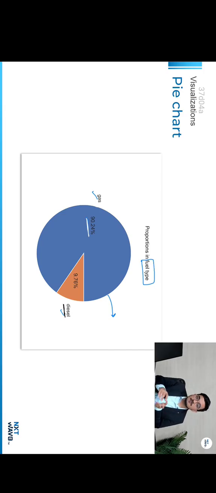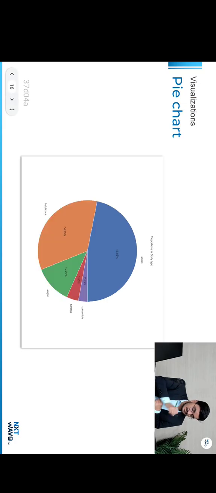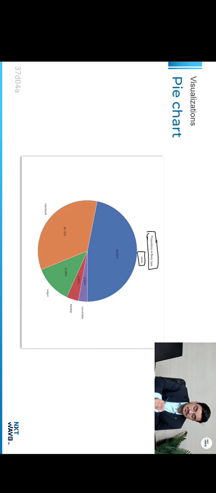This is how we can plot a pie chart to understand the distribution of our data with respect to different categories. Now let's look at one more pie chart. This pie chart represents the distribution of cars with respect to body type. We can see that sedan is the most common body type in our dataset, where 46% of our cars are of sedan body type.